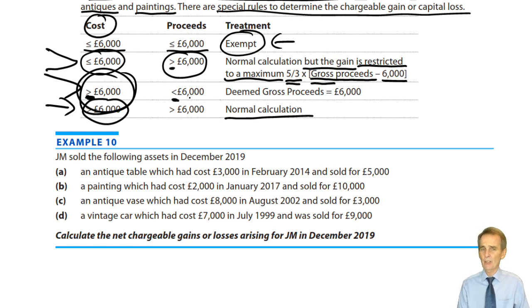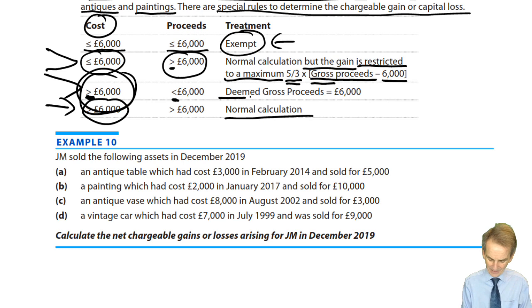So this cuts both ways. Where we have bought for more than £6,000 but sold for less than, there will now be a limit to the allowable loss. And unlike in the gain scenario of a moment ago, where we did two calculations, here there's just one. And there's one simple rule to remember.